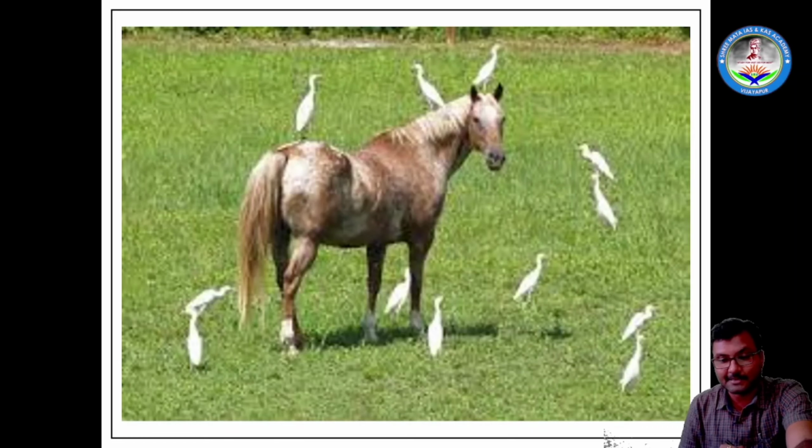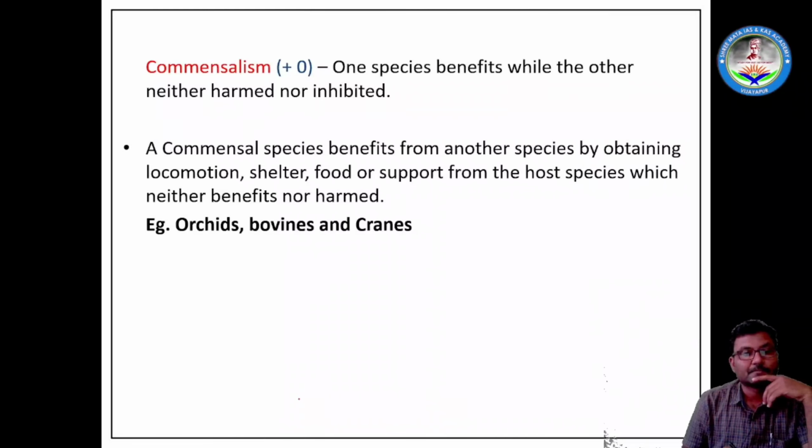Next, that is commensalism. Commensalism is also a positive interaction, and the difference between commensalism and mutualism is that in mutualism both are getting benefited, but in commensalism one is benefited, and I have given plus 0. 0 means the other one is not getting benefit or getting harmed either.